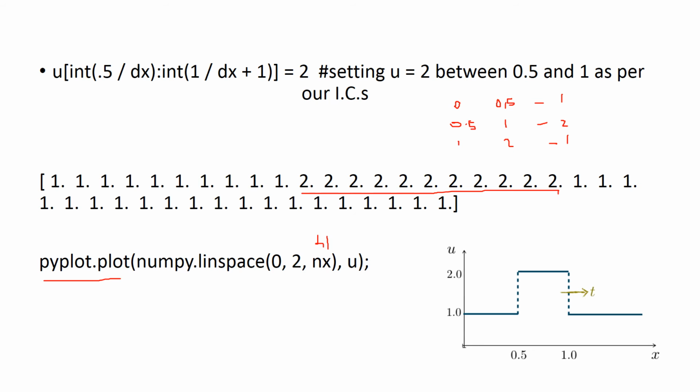All these 41 grid points are stored in the linspace, and for each point the values are designated here. And u is the velocity function, so we will get u versus x here, and this is at time t is equal to 0. So at time t is equal to 0 we have set this.